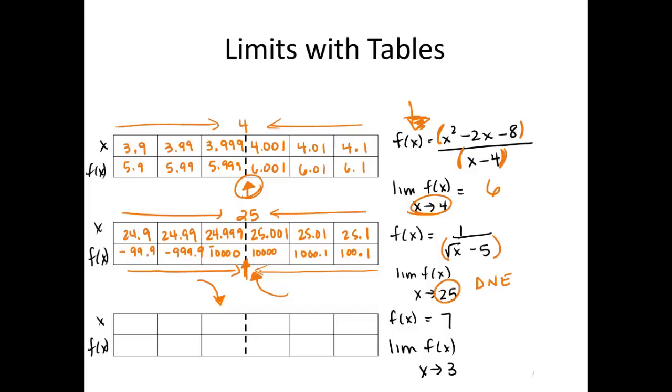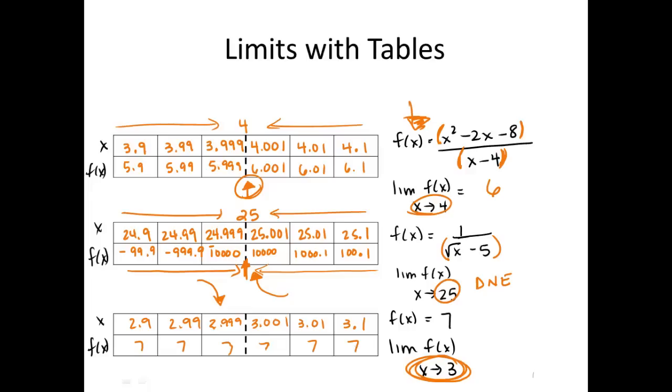Alright, let's try one more. So I want to approach the value of 3. So I want 2.999, 2.99, and 2.9. On the other side, 3.001, 3.01, and 3.1. Go ahead and try this one. Your y equals is just a 7.